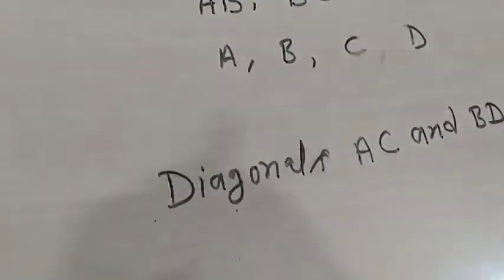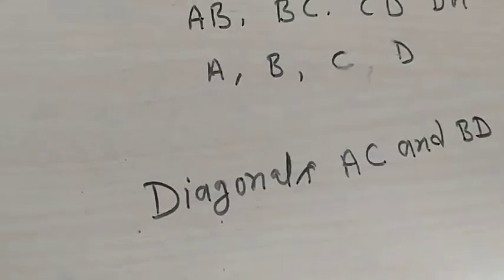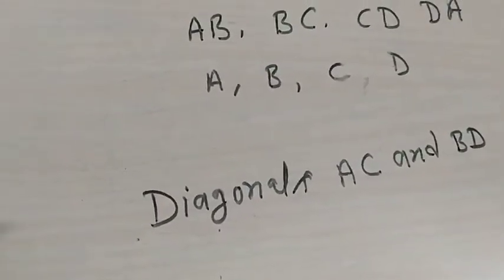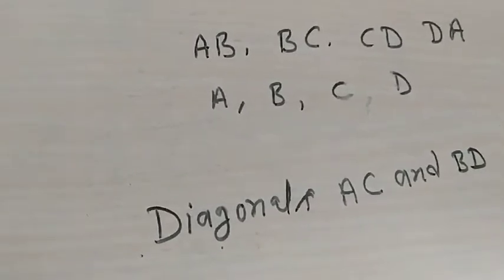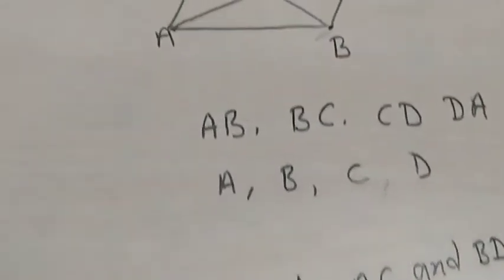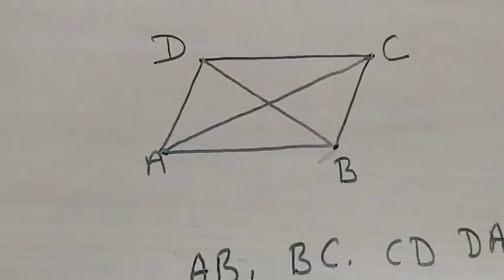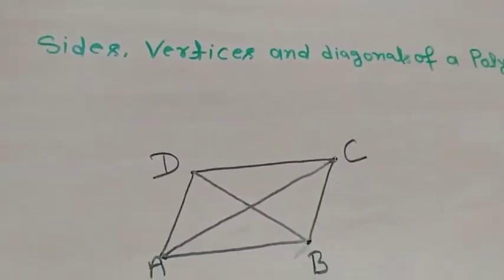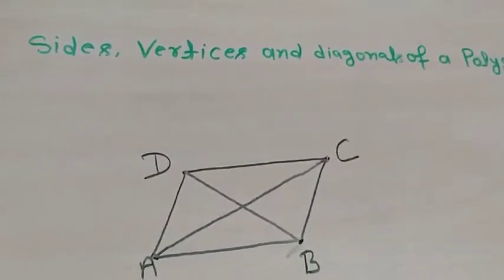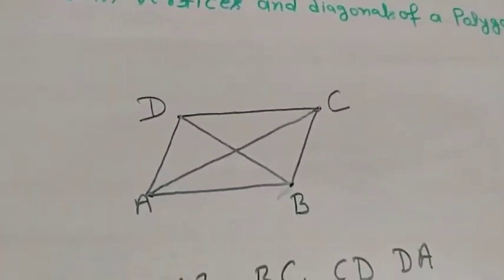A, B, C, D are vertices, and AB, BC, CD, and DA are sides of this polygon. So I hope all of you understood sides, vertices, and diagonals of polygons. Clear?